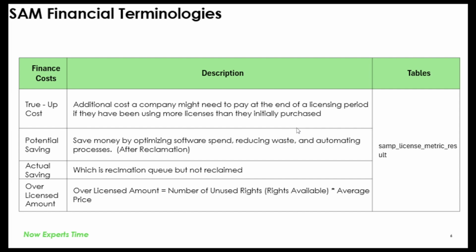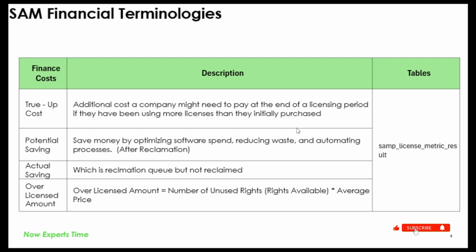Next, over licensed amount: how is it calculated? The over licensed amount works based on a formula. You can see that formula in the description field. Over licensed amount equals number of unused rights multiplied by average price.